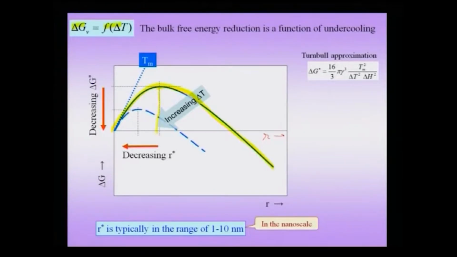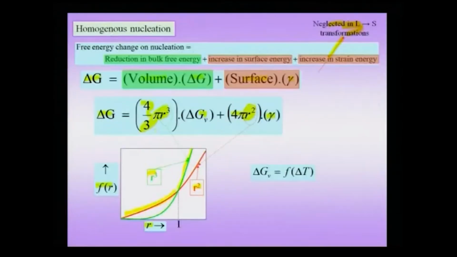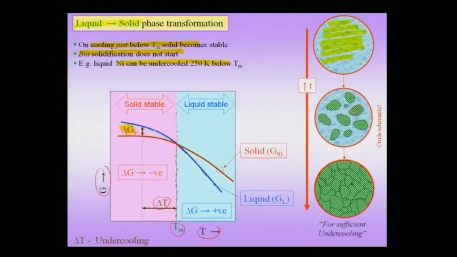Now, suppose I undercool the system even further, which means I am now somewhere here in the curve, instead of being somewhere here. So I have a larger delta G V supporting my phase transformation now. This is my new delta G V at a larger undercooling delta T 2, if this is my T 2 and this is my T 1.